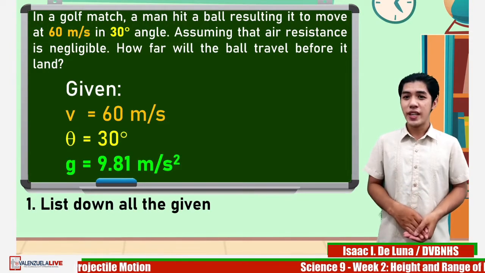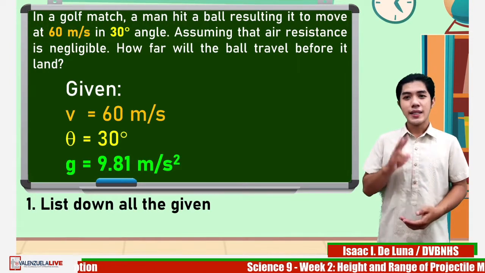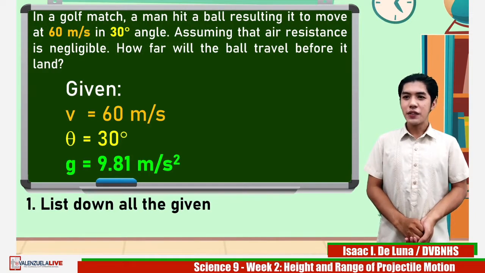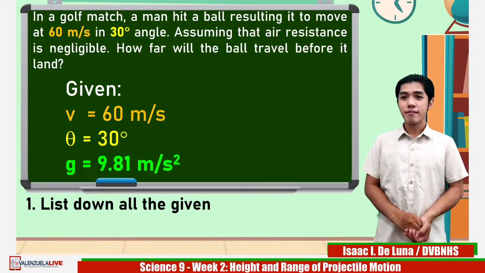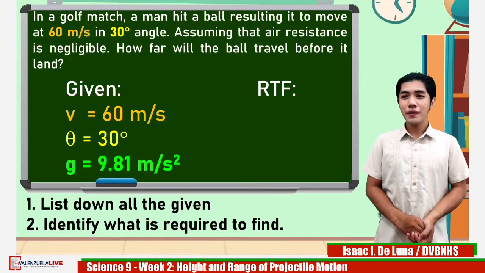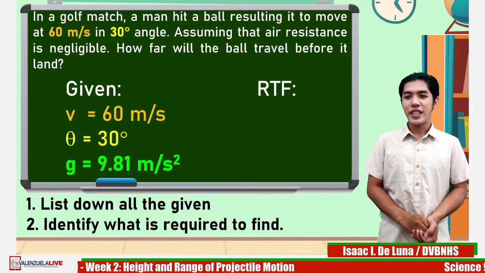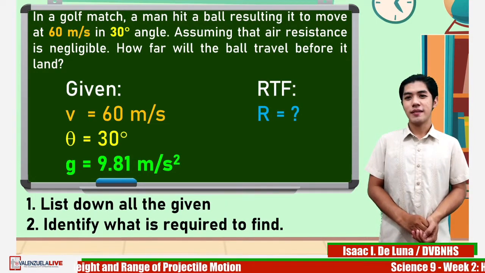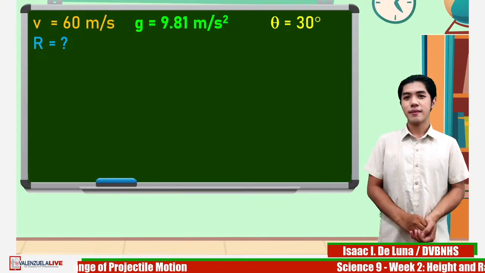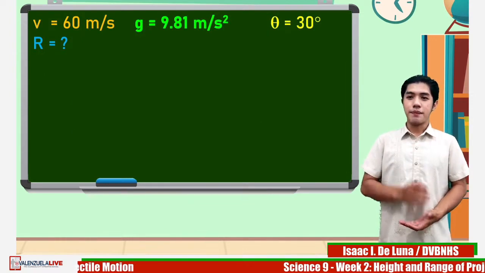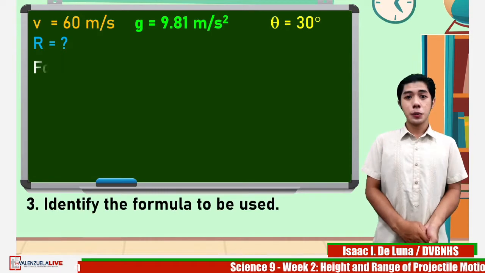First, list down all the given. Second, identify what is required to find. In this problem, we have to calculate the range. Number 3, identify the formula to be used.